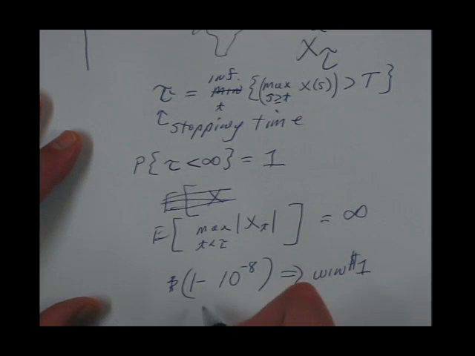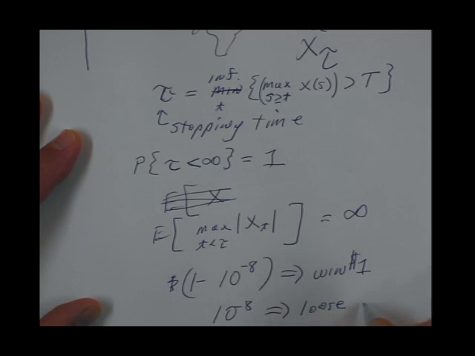But with probability 10 to the minus 8, you will lose 10 to the 8 dollars, $100 million.